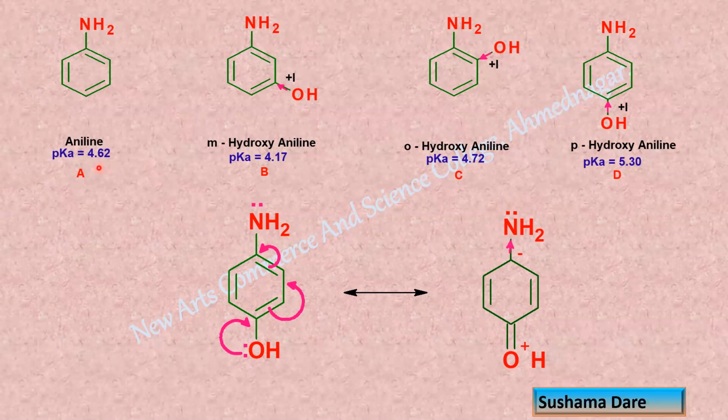As compared to aniline, you can see para-hydroxyaniline pK value is 5.30. So in aniline, the phenyl ring shows which effect? It shows minus R effect.